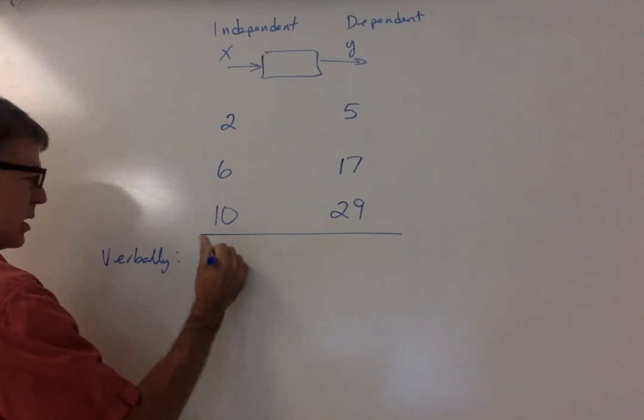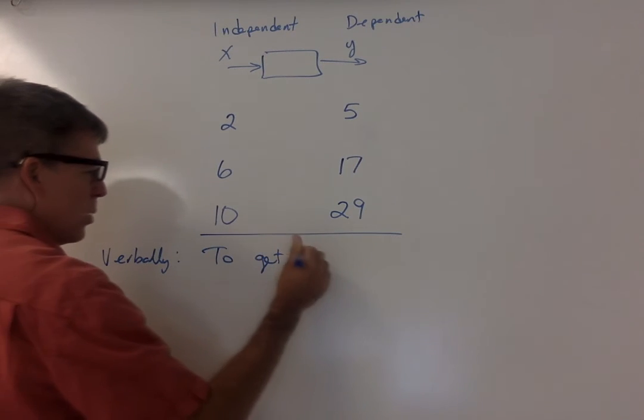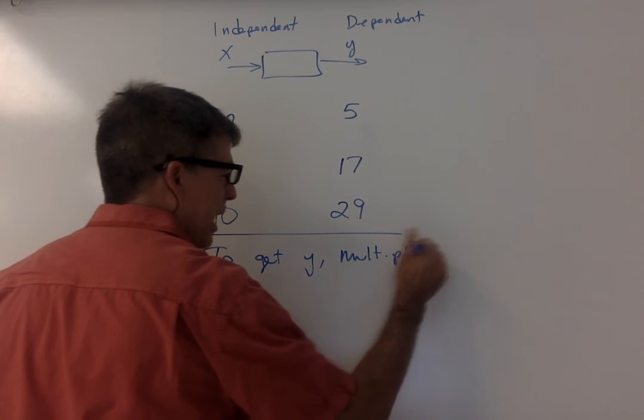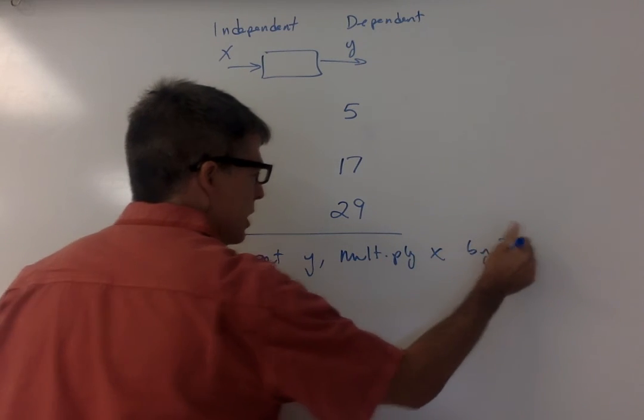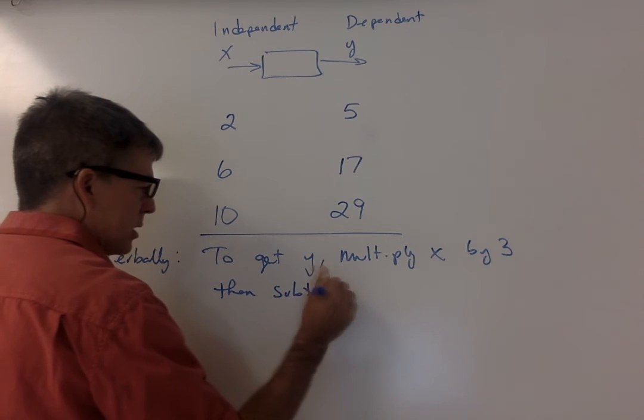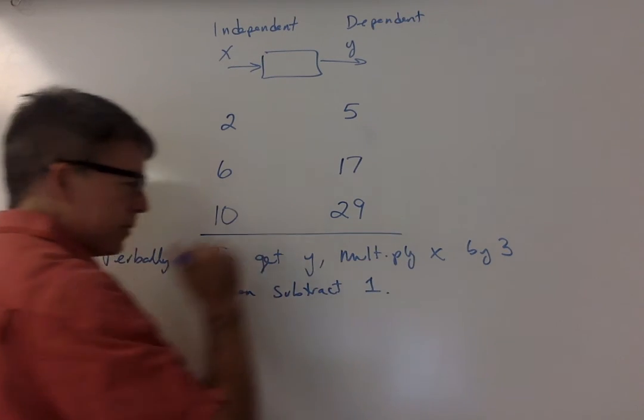So, if you needed to show that pattern, you could say it verbally. Verbally, it's to get y, multiply x by 3, then subtract 1. Perfect.